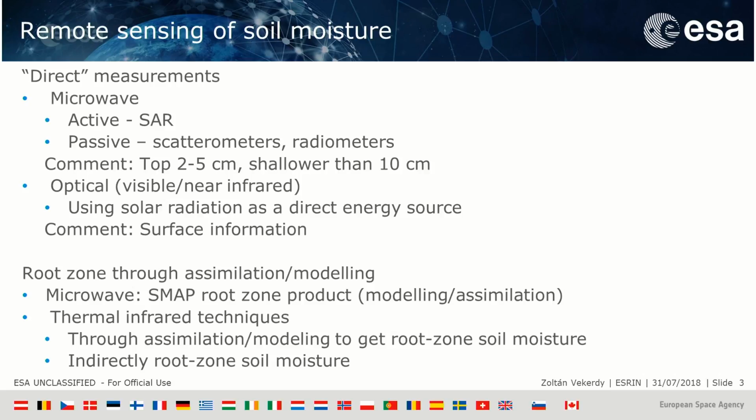And there is already one product, this SMAP product, the Soil Moisture Active Passive Satellite product of NASA, which has a so-called modeled 9-kilometer resolution, 1 meter deep soil moisture estimate. Very coarse spatial resolution, only to 1 meter depth, and with relatively little practical use.